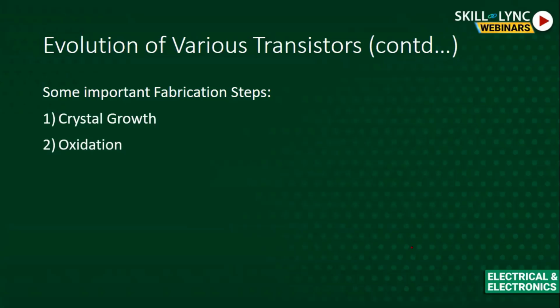The oxide layer basically has good masking properties, dielectric properties, and also insulating properties. So we'll be using the oxide layer. For example, you wanted to prepare one particular shape over there.